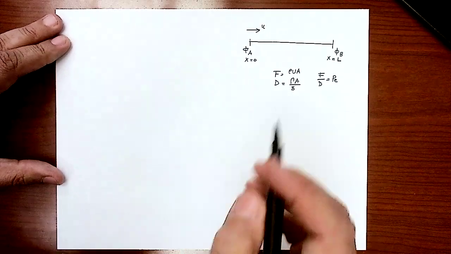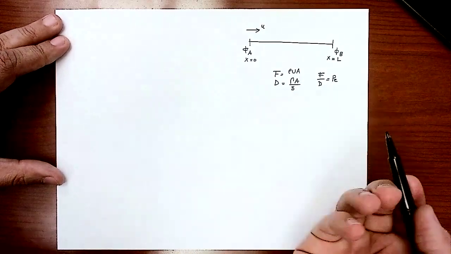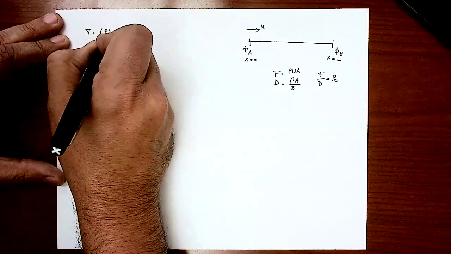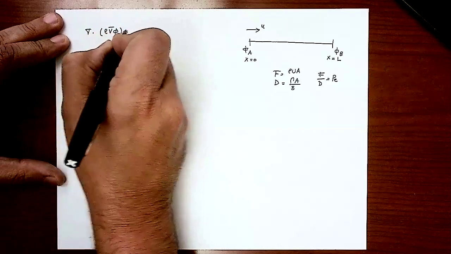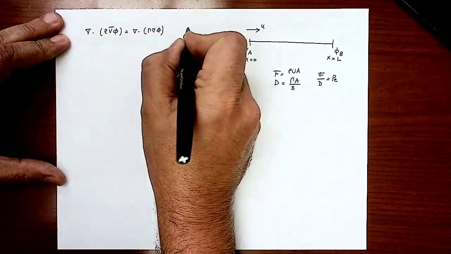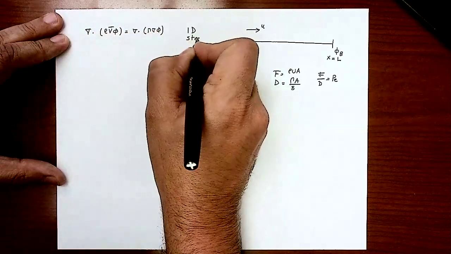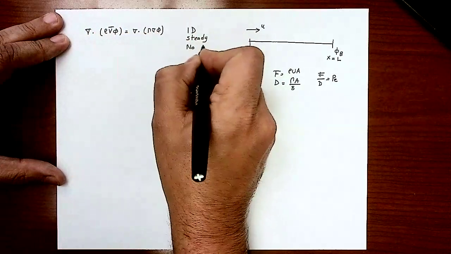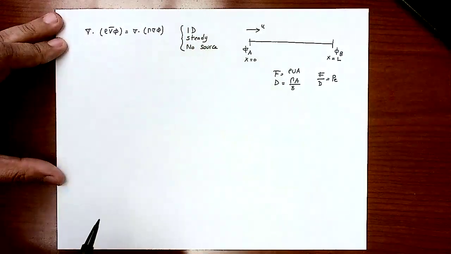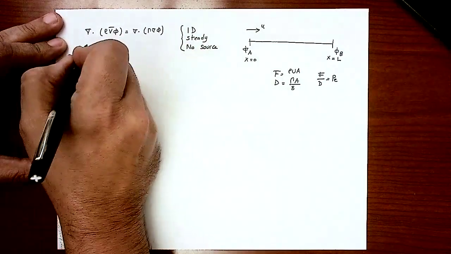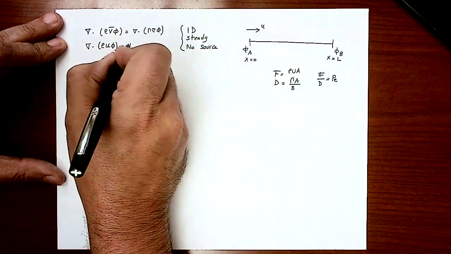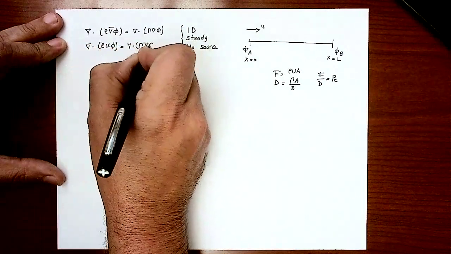So the exact solution for this problem, what's the governing equation? The governing equation is nabla dot rho V phi equal to nabla dot kappa nabla phi. This is a 1 dimension, steady, and no source convection diffusion problem. This is the differential equation here. Because we are doing one dimension, I will put this as rho u phi equal to kappa nabla phi.